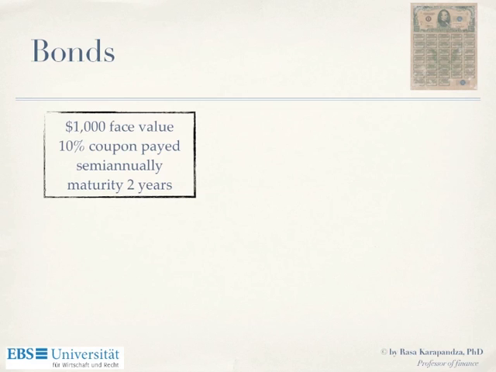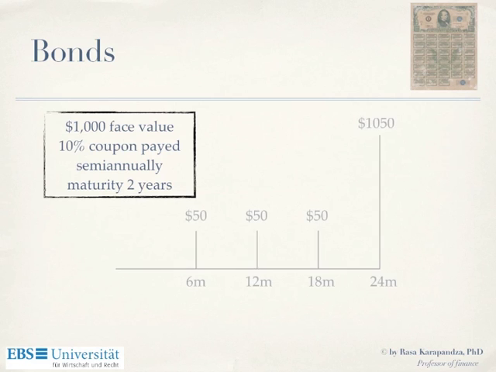If the 10% coupon is paid semi-annually, in essence every 6 months you receive 5% of the face value. So this bond, $1,000 face value, 10% coupons paid semi-annually, means 5% every 6 months, and at the end you receive the face value plus the last coupon.